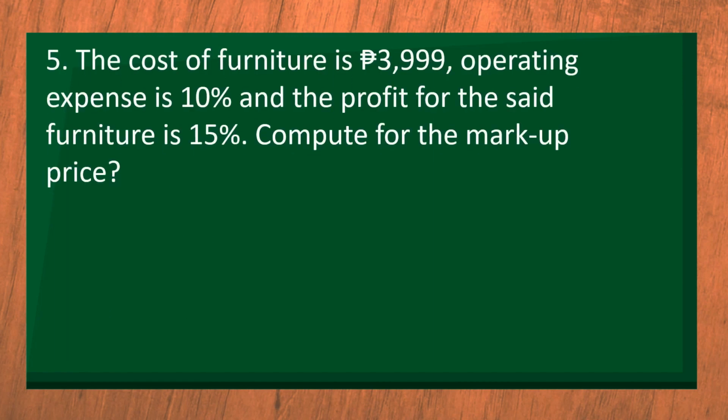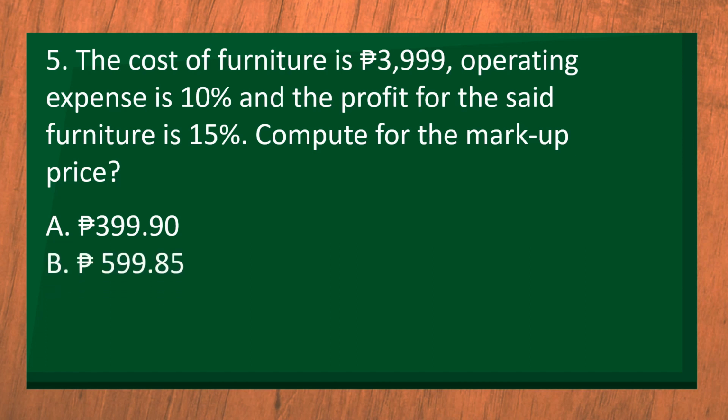Number 5. The cost of furniture is 3,999 pesos. Operating expense is 10%, and the profit for the said furniture is 15%. Compute for the markup price. Letter A, 399.90 pesos.